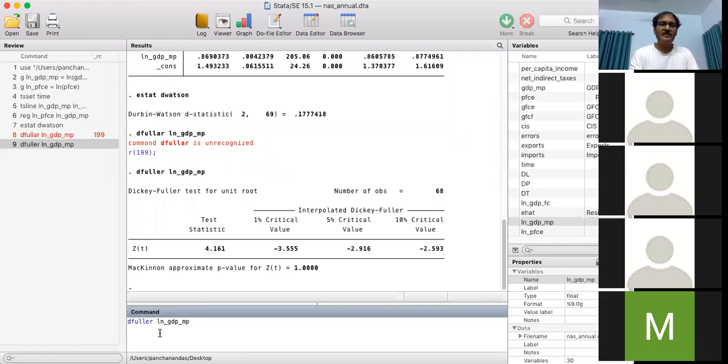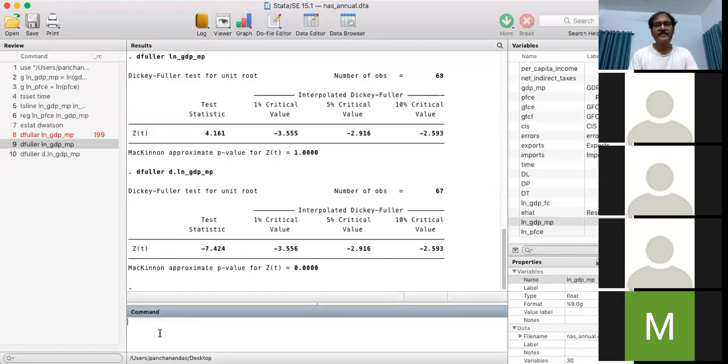Now carry out the same test by taking its first difference, D dot. So after taking first difference, log GDP at market price becomes stationary. So we can infer that log GDP at market price is I(1), integrated of order 1. It contains one unit root.